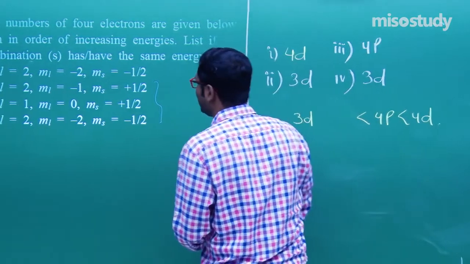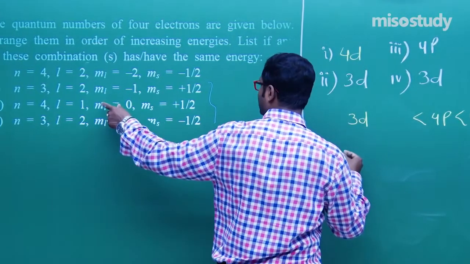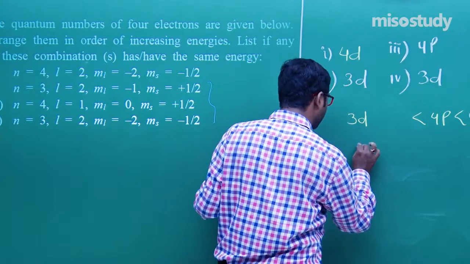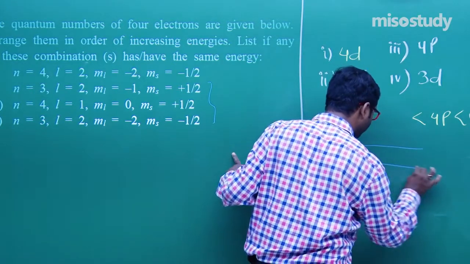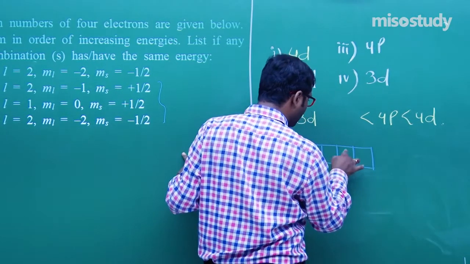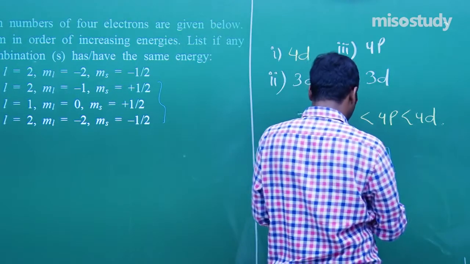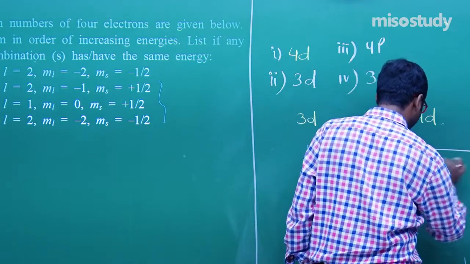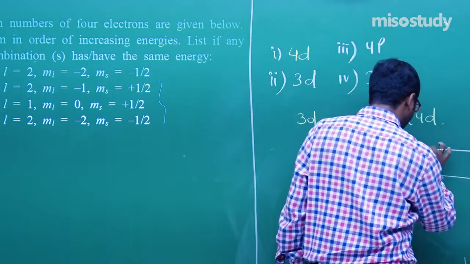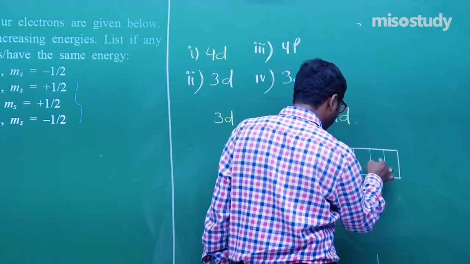Check it out. How many electrons does it contain? Look here. For 3d, ml is equal to minus 1... 1, 2, 3, 4 and 5. Clear? Again, the next parameter: 1, 2, 3, 4, 5.